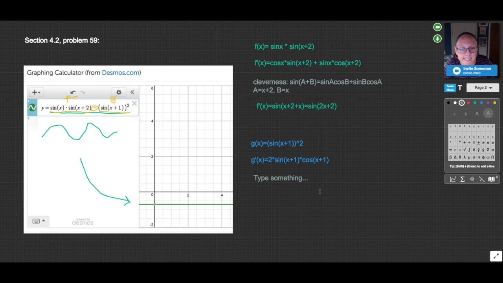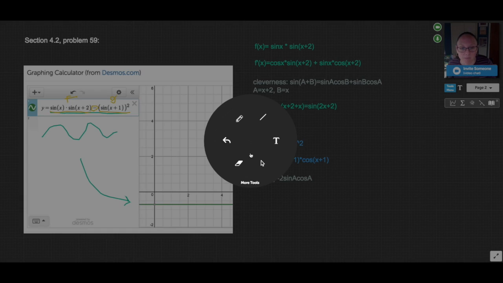The cleverness I'm thinking of this time, the trig identity that I know with a 2 out in front and a sine and a cosine, looks like sine of 2a is equal to 2 sine a cosine a. And this one's actually, I think, a little bit easier to spot.